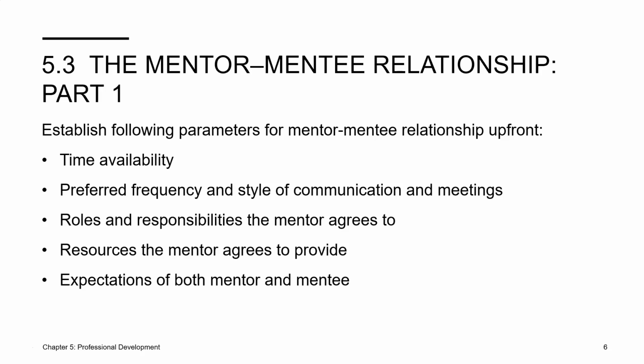The preferred frequency and style of communications and meetings, the role and relationship the mentor agrees to, any resources the mentor agrees to provide. So this could be things like software to do a statistical analysis, or it could be that you want to present a poster and they may help pay for a conference presentation in the future, and expectations of both the mentor and the mentee.